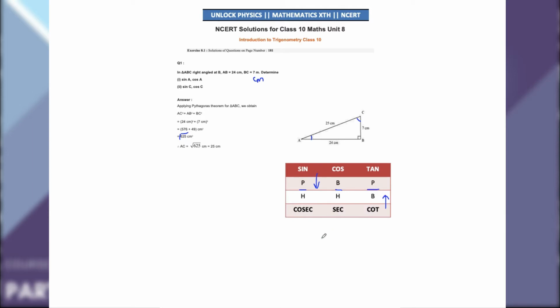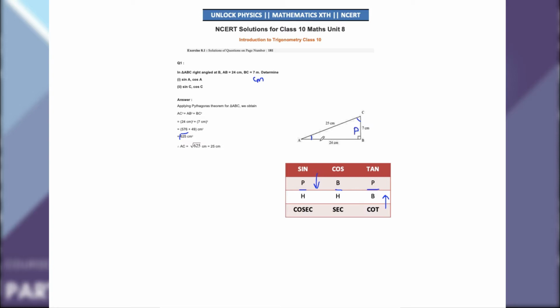So now the question is how to identify perpendicular, base and hypotenuse in a given triangle. So the side which is opposite to the angle for which we are calculating the values, for example sine A. Now for A, the side opposite to angle A would always be the perpendicular.